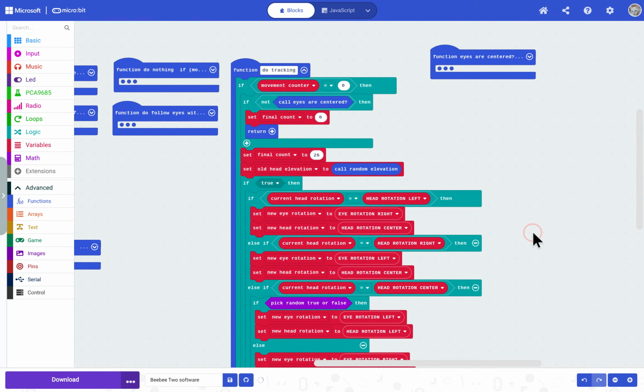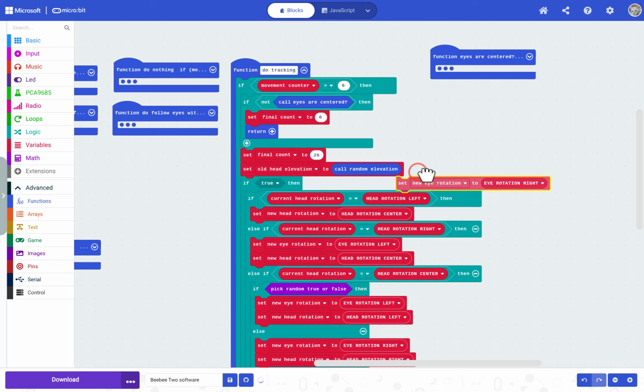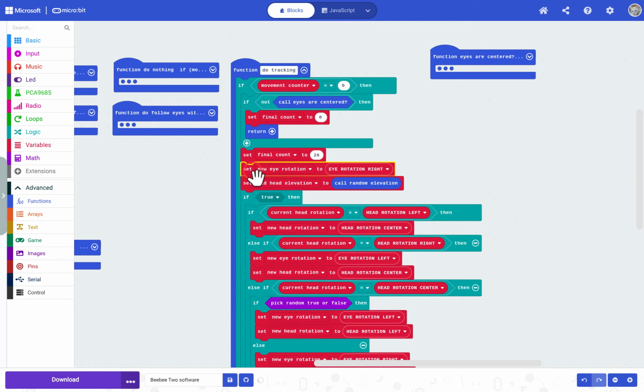So if we're going to be tracking, we're going to get a random elevation to move to. And the next thing we want to do is set our new eye rotation. So that's pretty much what a lot of this is doing.